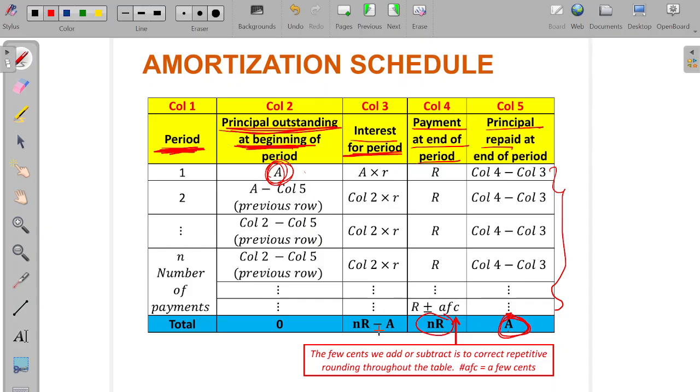Then we subtract that from the money we loaned, and we get the total interest. The total interest is nR minus A. That is the number of years we are using to pay, and the payment R, then minus the money we borrowed. That will be the total interest.